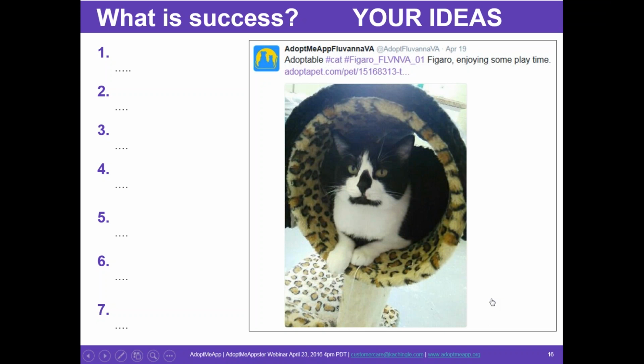One thing we have seen from the shelters that have been using the app a while is that they definitely are seeing more traffic to their pet profiles, and that can be measured both from Twitter, because that's what the links are, and also by your own stats when you look at your website. So we know we're driving more traffic, but it's like any marketing program.